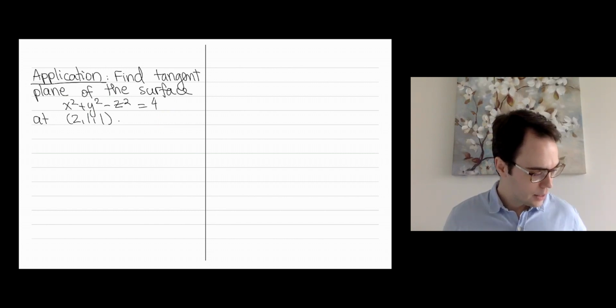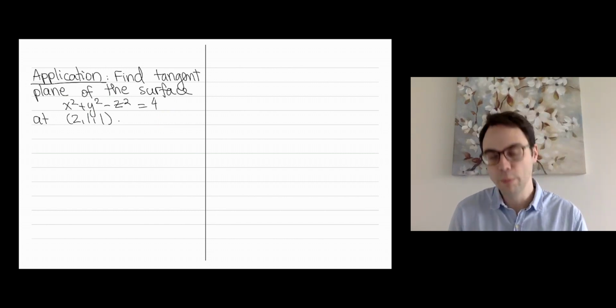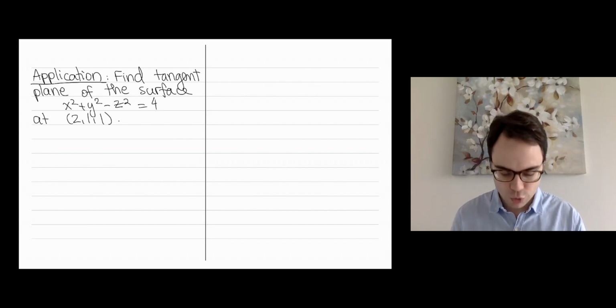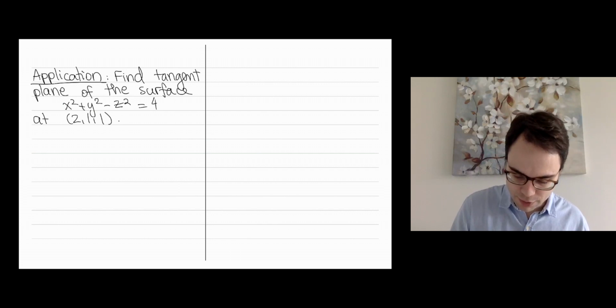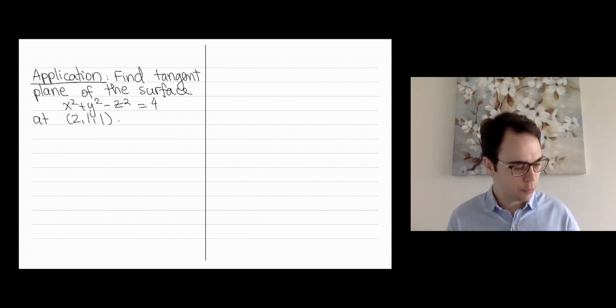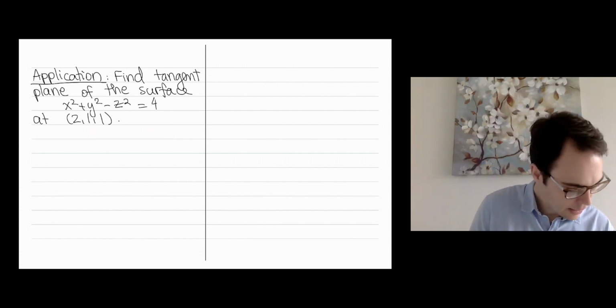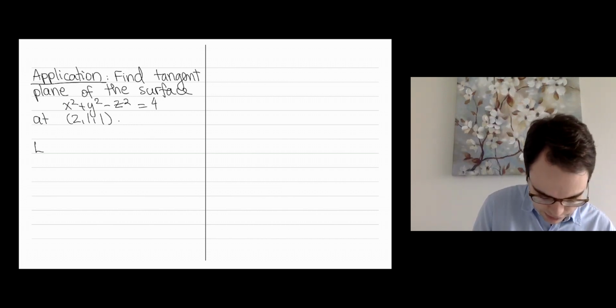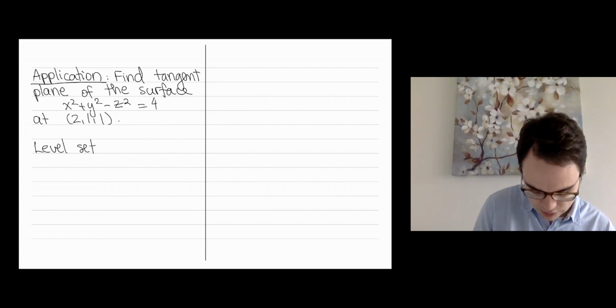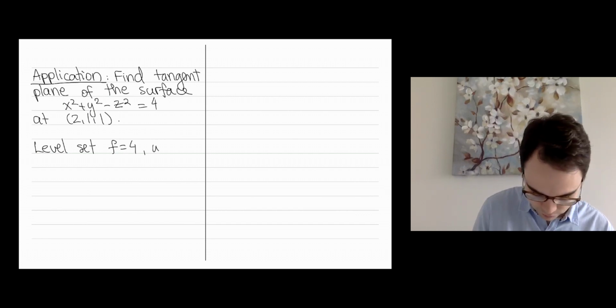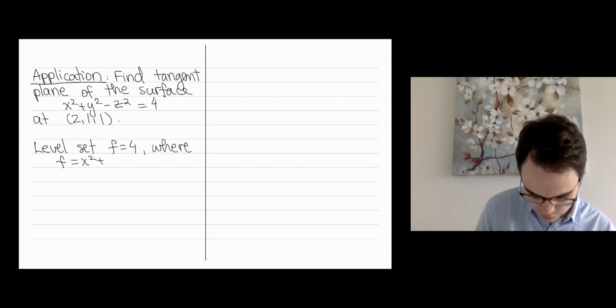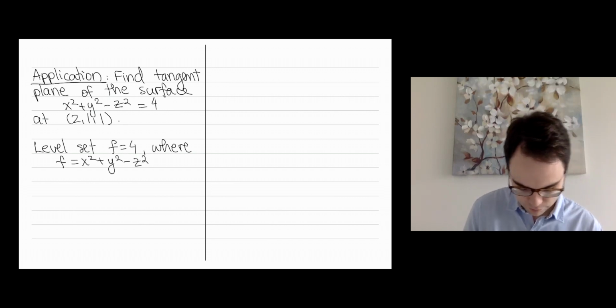Now we should ask ourselves: what's the relationship between this problem and what we've seen before? The answer is that this surface is a level set f equal to 4, where the function is x squared plus y squared minus z squared.